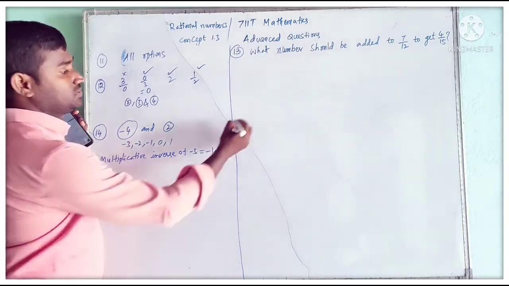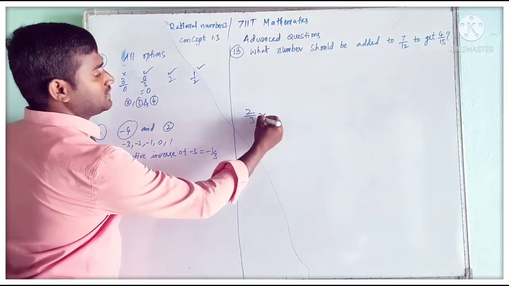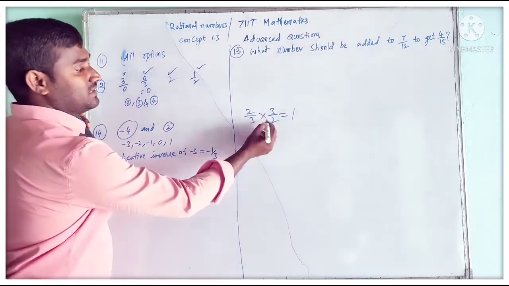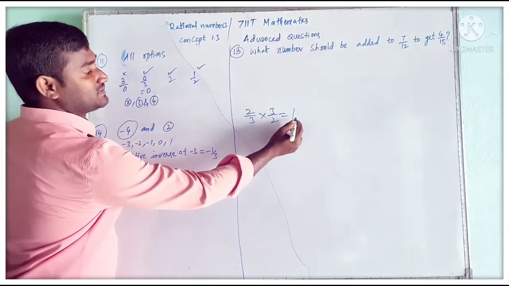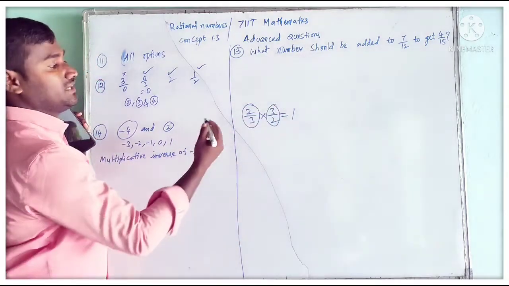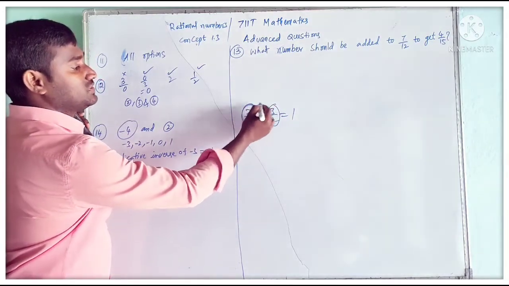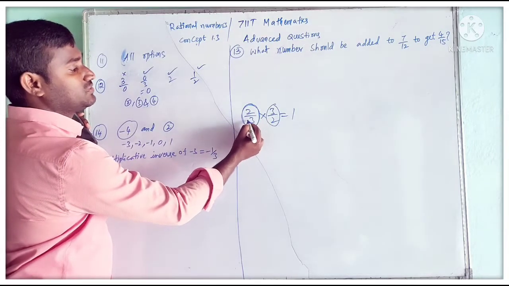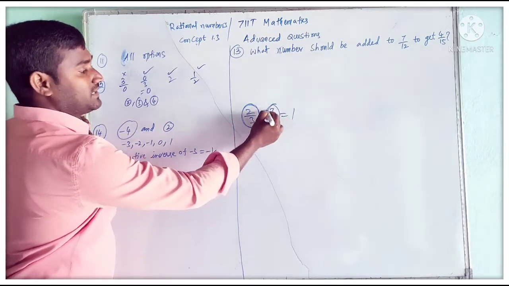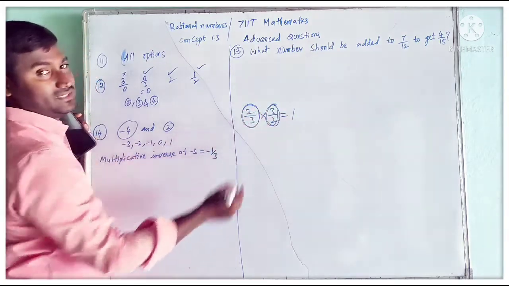Suppose 2 by 3 into 3 by 2, the product gives 1. The multiplicative inverse of 2 by 3 is 3 by 2, and the multiplicative inverse of 3 by 2 is 2 by 3.